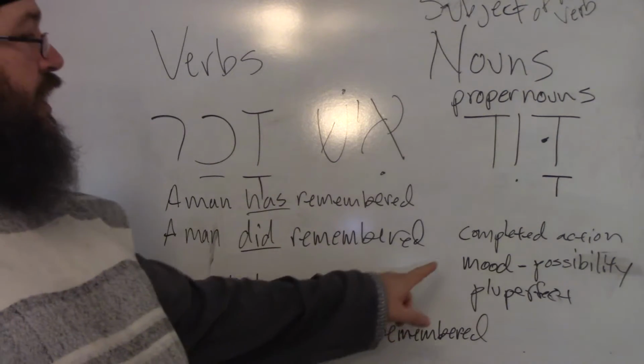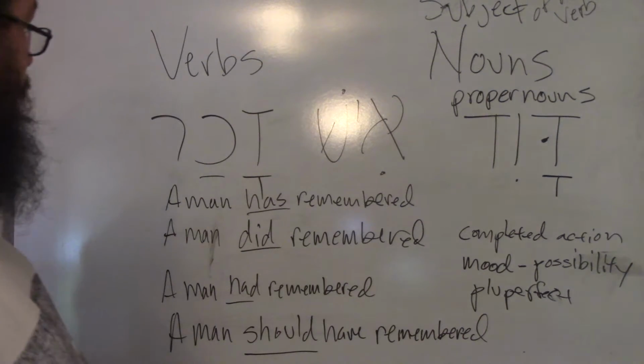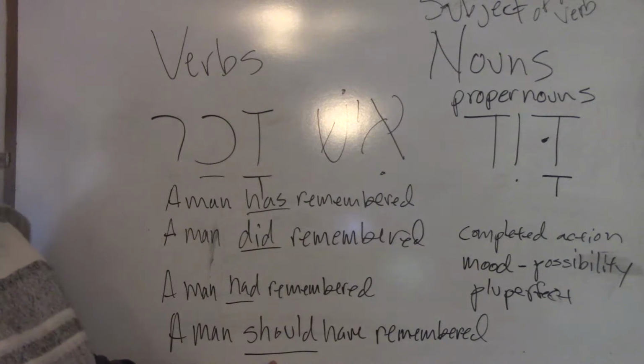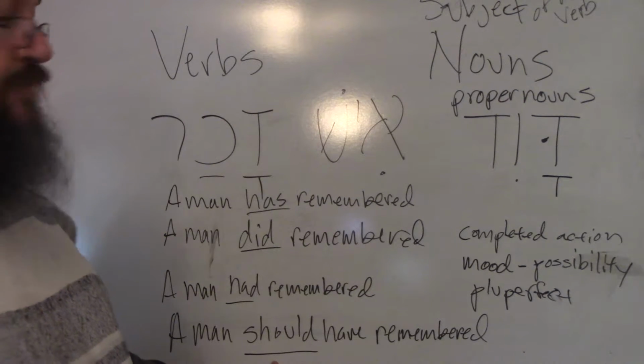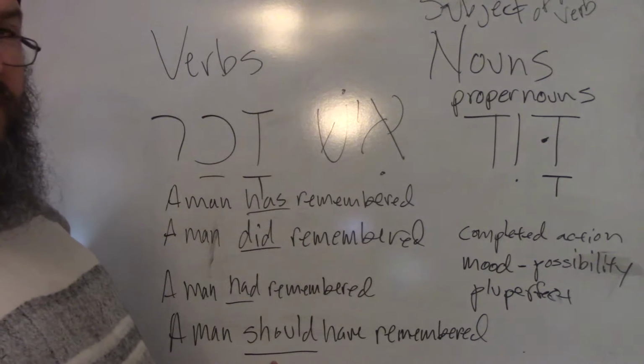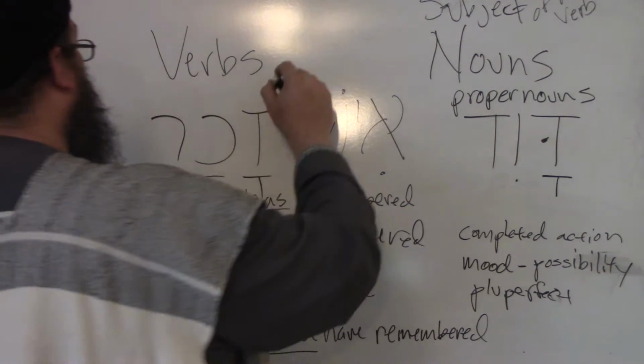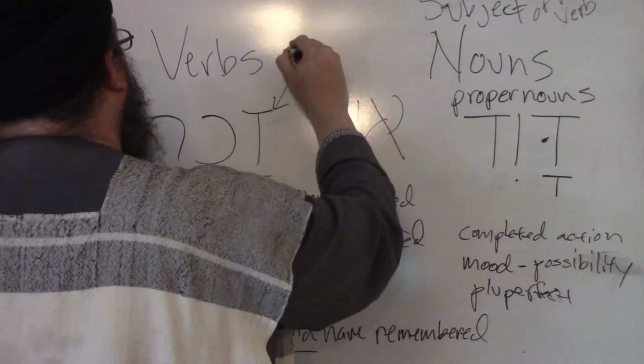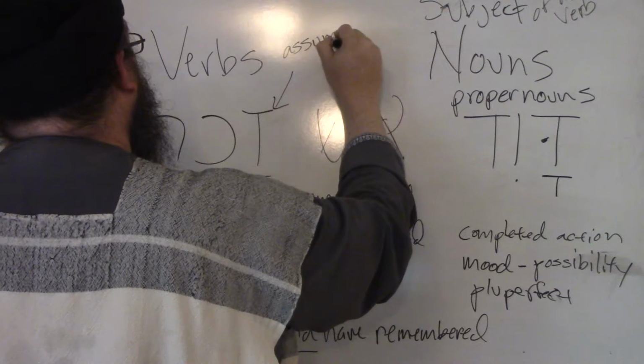It can use the mood. Notice the Hebrew word should does not exist because should does not exist in Hebrew. This is assumed in the actual sense. So here, we're going to have to put here assumed.